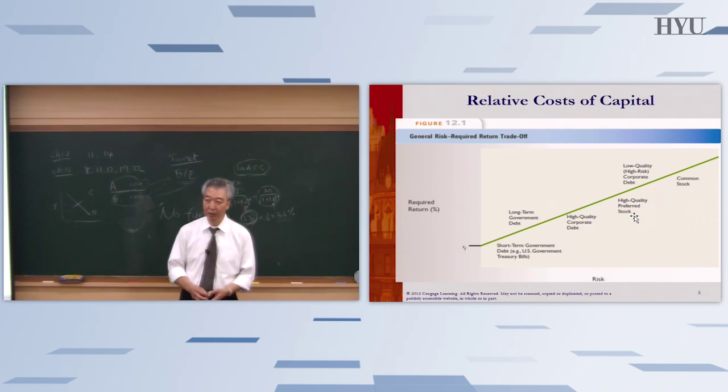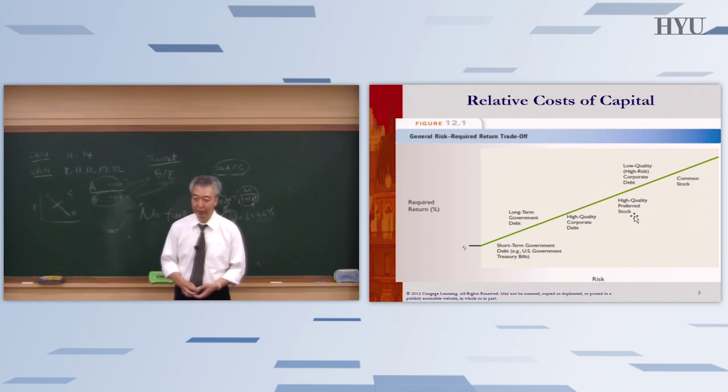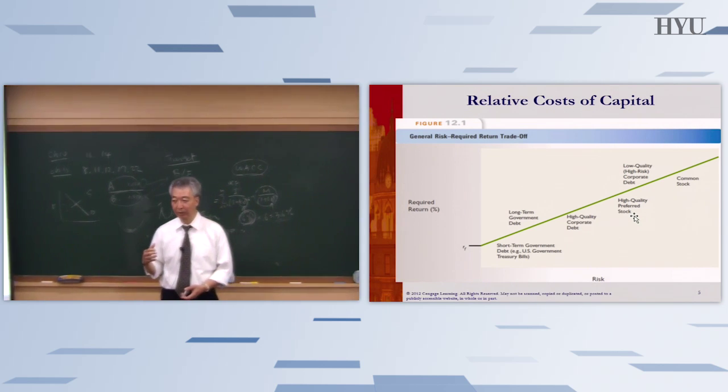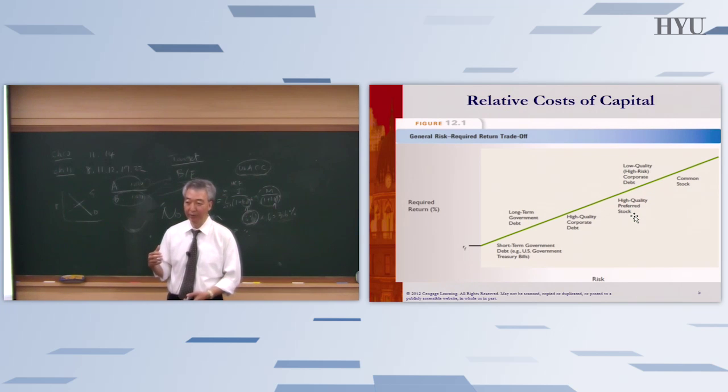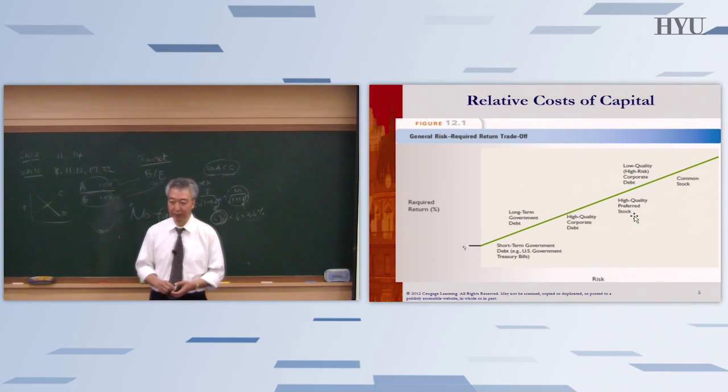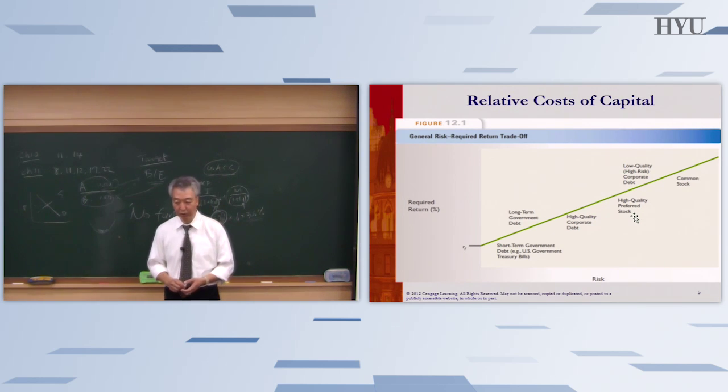Well, you're talking about liquidation of the asset, right? It is true that bondholders have a little higher priority than the preferred stockholders. But usually, when a company goes bankrupt, there isn't much to recover, so it's highly unrealistic to expect to recover your investment.